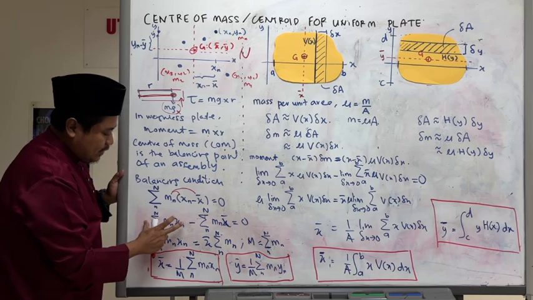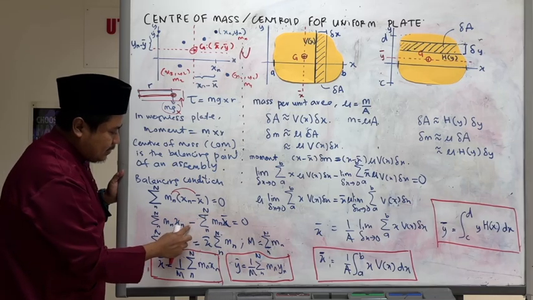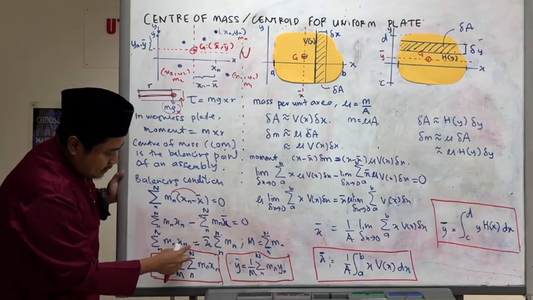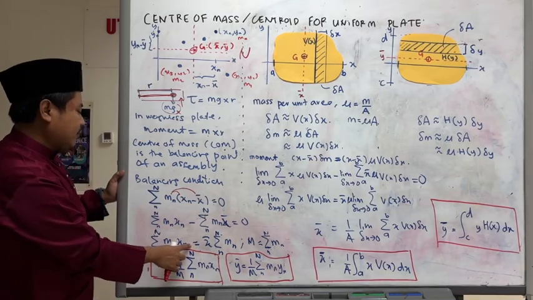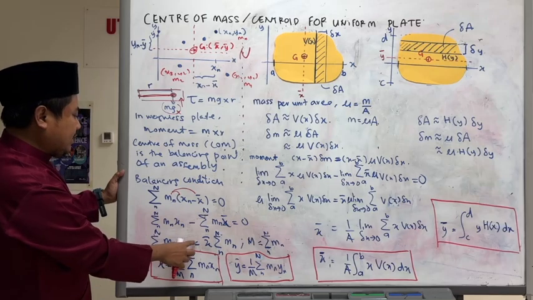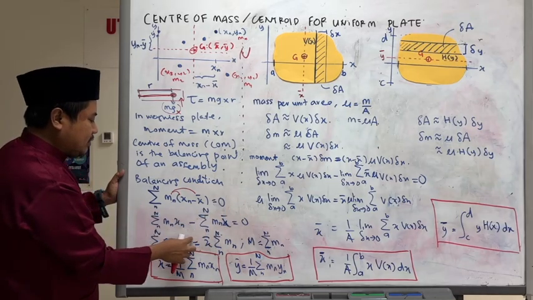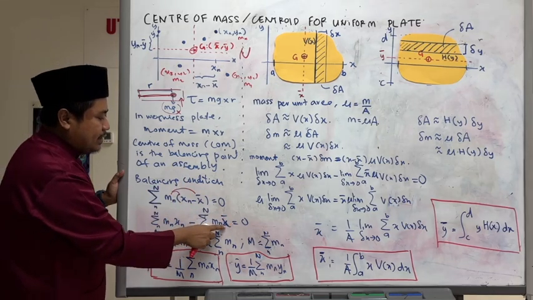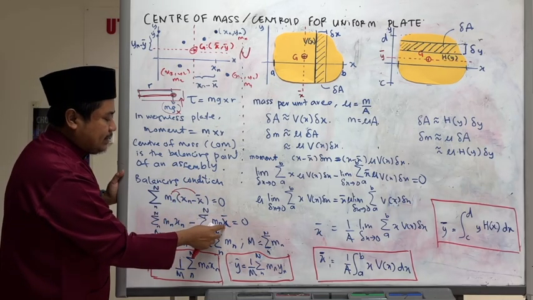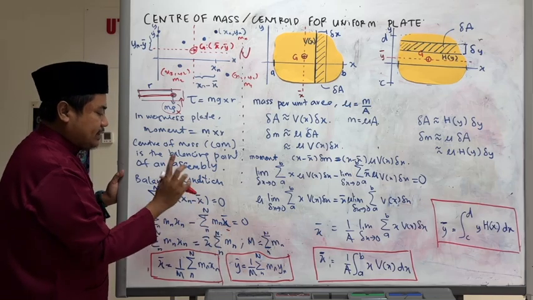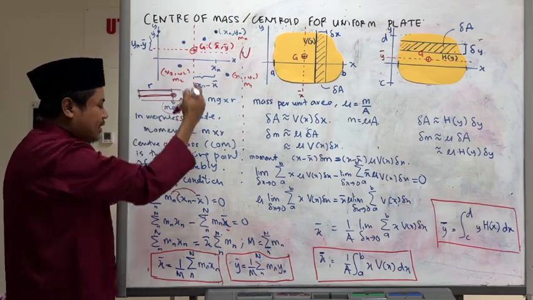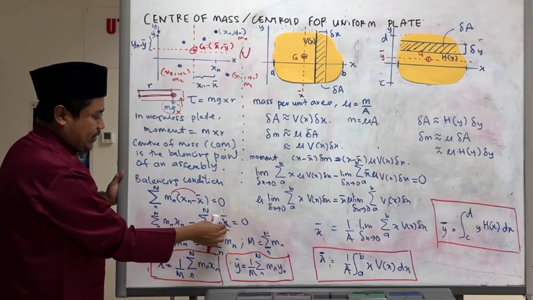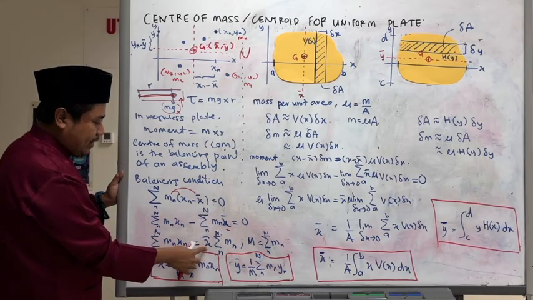The negative term you can put on the right side, so this term equals this term. Remember that x bar is constant. It is located here, so it is not related to any n, so we can put it out.